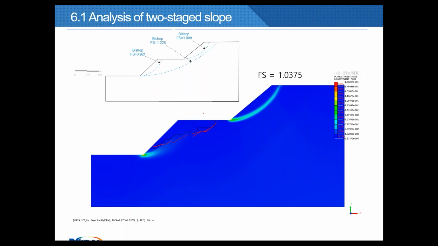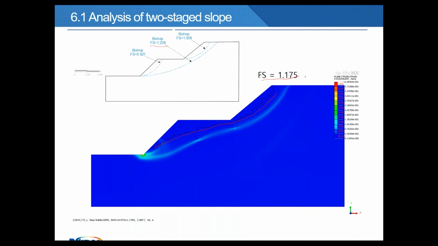And then we solve the problem, so we can have the factor of safety of this second stage of the slope. And when we give a higher value of cohesion in this way, we can calculate the factor of safety of the overall model, which is also quite good, as in Bishop.